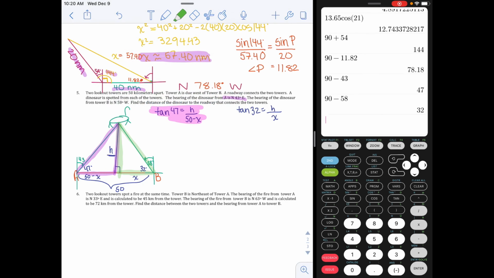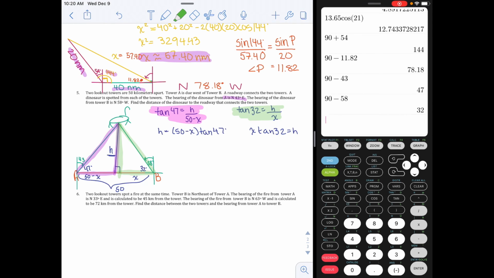That's my green triangle. I notice that they both have h's, so I'm going to cross multiply them, and then I'm going to set them equal to each other because they'll both be h. So I get h is equal to (50 minus x). Notice that I put that in parentheses because it's not just one number, it is a binomial. And this one, x times tan of 32 is equal to h.